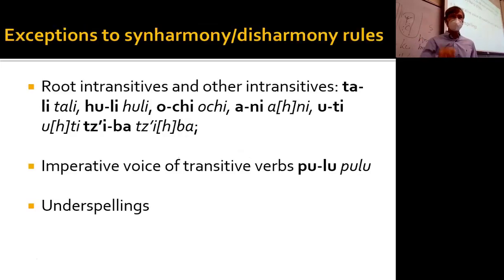So there are other weird things, right? For older brother, Saku, a whole class of verbs are spelled without silent vowels at all. So you're supposed to read the whole word: ochi, huli, tali, sliba, ani. No idea why. People try to imagine that those are in fact disharmonic spellings. It doesn't work. People try to imagine those as synharmonic spellings. It doesn't work.